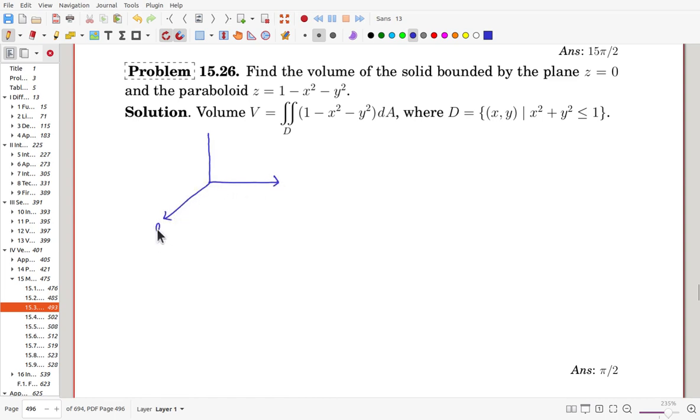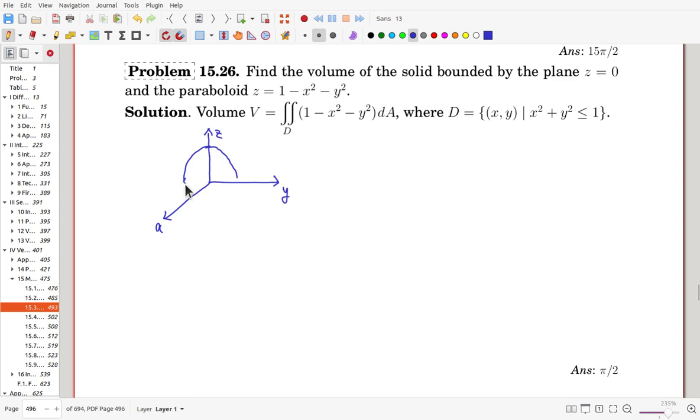Okay, there's x direction, there's y direction, and this is z direction. Now z equals 1 minus x squared minus y squared, and now bounded by the plane z equals 0, which means the bottom plane. But this is a paraboloid given this way.